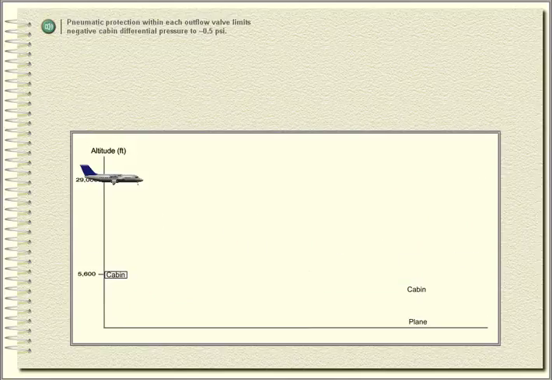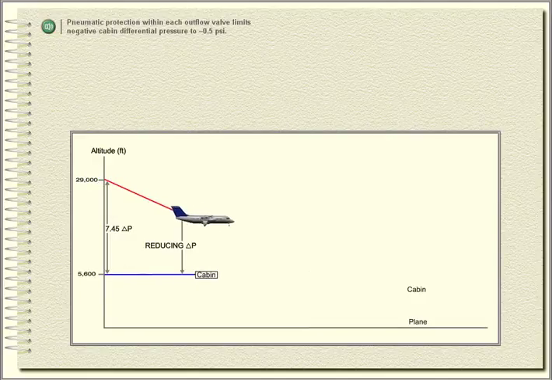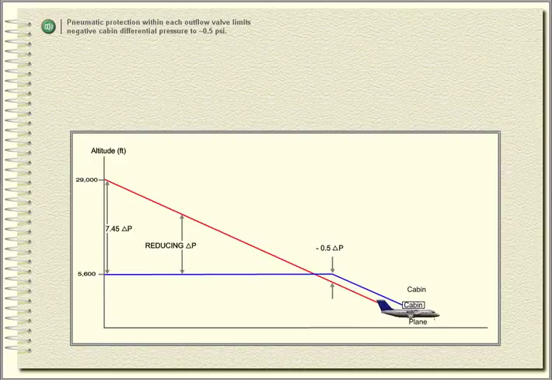Pneumatic protection within each outflow valve limits negative cabin differential pressure to minus 0.5 psi. Below minus 0.5 psi, differential pressure flashes and Pressurization illuminates on the central warning panel.